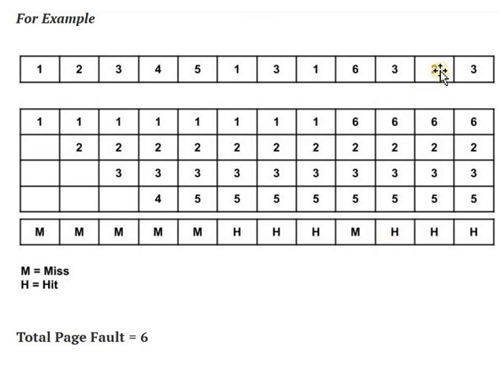Next is 2. The 2 page is checked in memory, and it is available, so a hit occurs and no page replacement. Same, 3 is checked inside the memory. Yes, 3 is available, so a hit occurs and no page replacement is done.